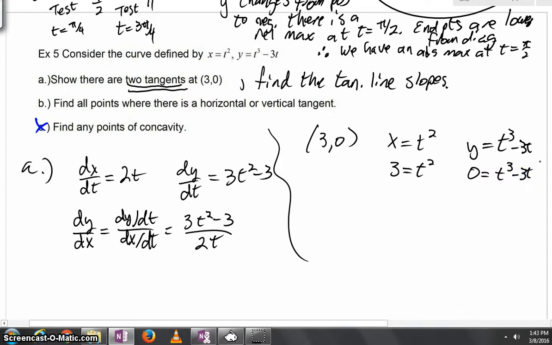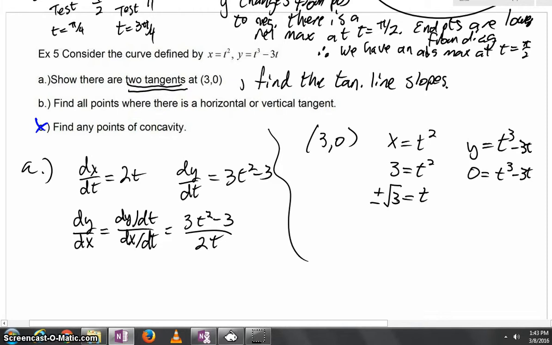Wow. Look at that. If you plug in the x-coordinate into the parametric equation, you could solve for t. How many t values will you get? 2 of them, plus or minus the square root of 3.